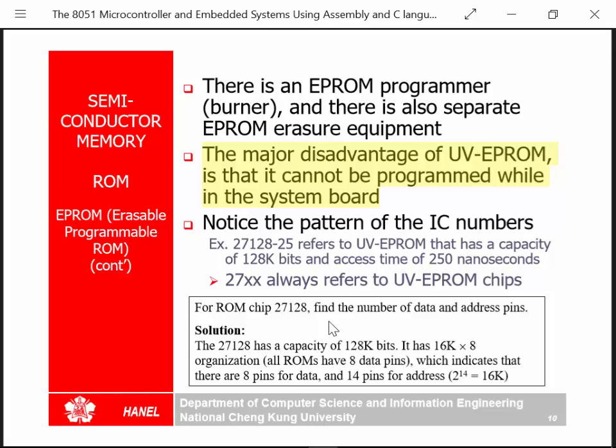Since you had to erase it, you had to take it out of the system, erase it, put it in the programmer, and then put it back into the circuit. So it was not a very friendly way of programming microprocessors.